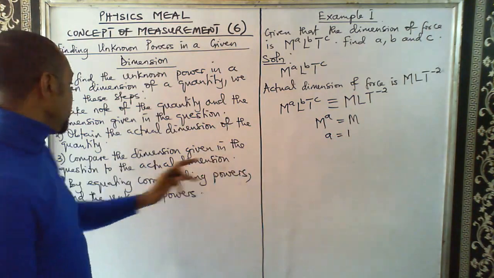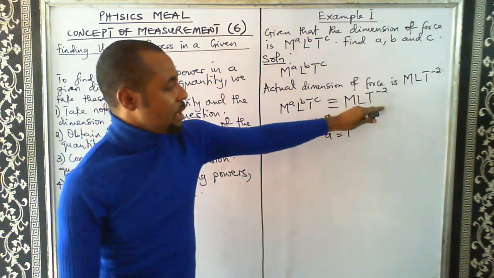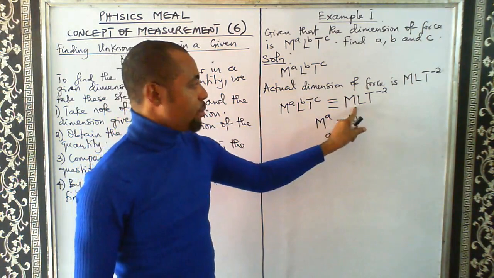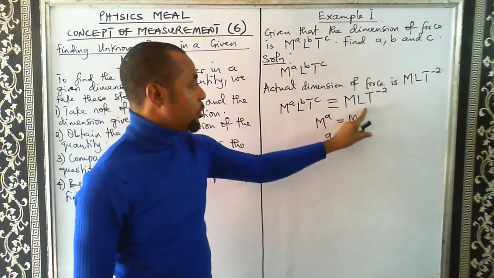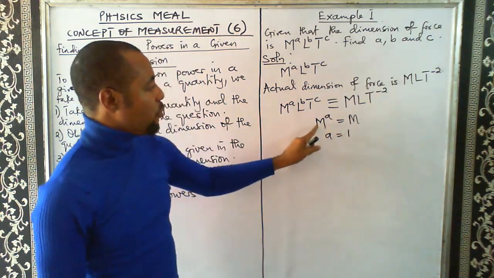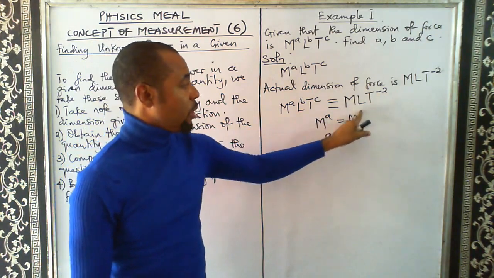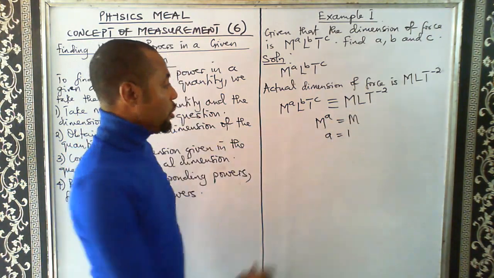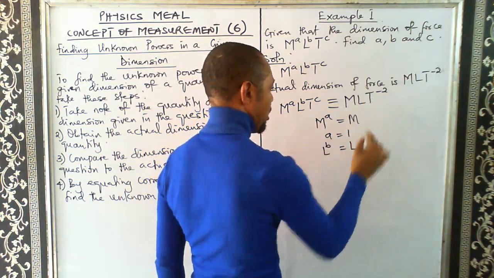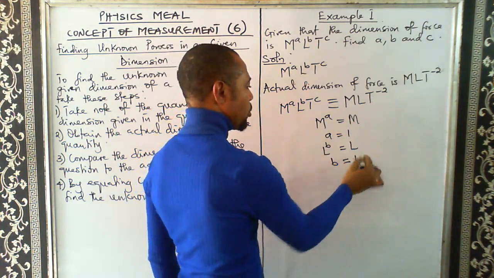Compare the dimension given in the question to the actual dimension. This is the dimension given in the question. This is the actual dimension. So M here must be compared to this M, L here will be compared to this L, and T will be compared to this T. We have compared M: the power here is a and the power here is 1. We do the same for L: L to the power b is equivalent to L, so the power here is b and the power here is 1.